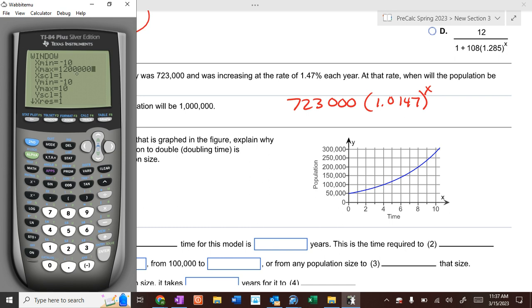Did I go? Ooh, that's right. And then for my y max, let's say it's going to be 100 years, or not 1,000, 100. And just graph it and see what happens. So, oops, 1 million.